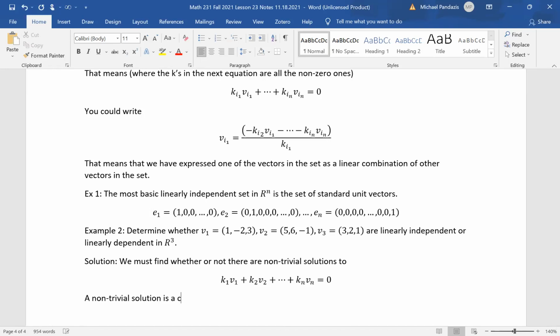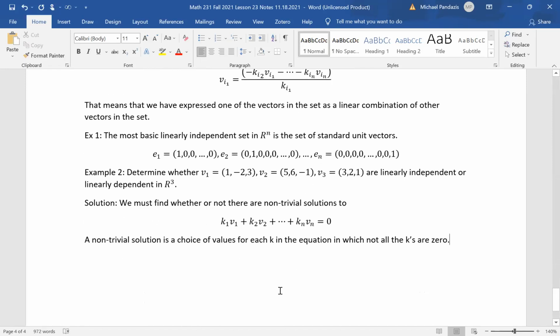A non-trivial solution is a choice of values for each k in the equation in which not all the k's are 0. So you make a choice for each k where not all of them are 0, and the equation holds, where both sides are equal to each other. That would be a non-trivial solution. A trivial solution would be choosing all the k's to be 0, which is definitely true because the left and right side would both be 0.